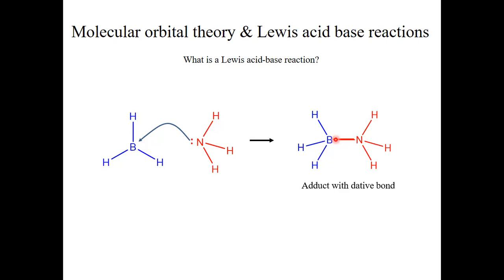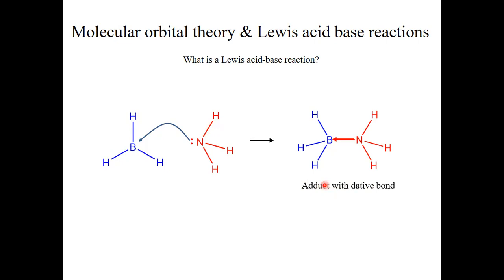This is only a matter of perspective, but sometimes this perspective is instructional to understand the way the respective molecule has been formed. So the reaction product between Lewis acid and Lewis base is called an adduct. It's also called a Lewis acid base adduct, and there's a dative bond that holds that adduct together.